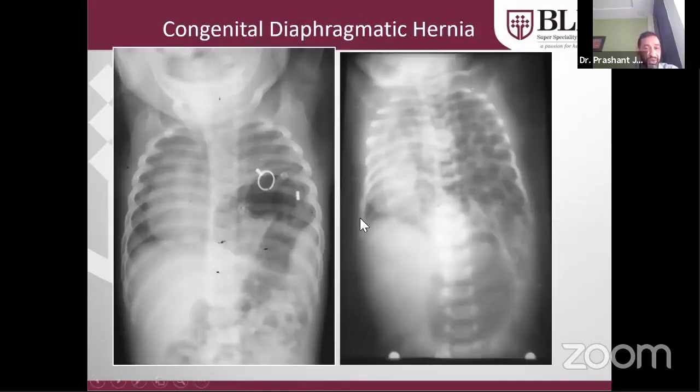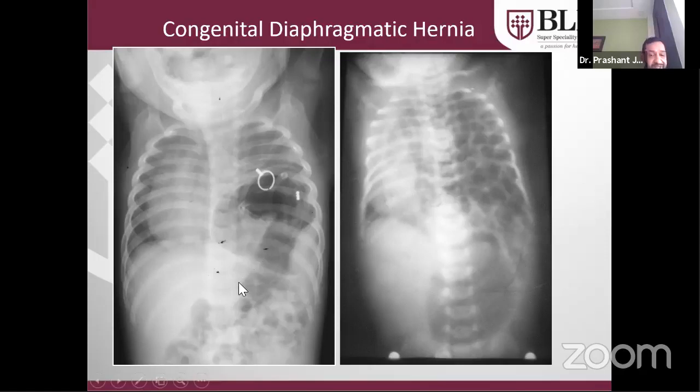Dr. Ankur has already mentioned the congenital diaphragmatic hernia. But a few clues I want to mention here about diaphragmatic hernia: when you do an X-ray in a child with respiratory distress and you find multiple cystic-like air opacities lying in the left hemithorax, we should always think of the possibility of diaphragmatic hernia.